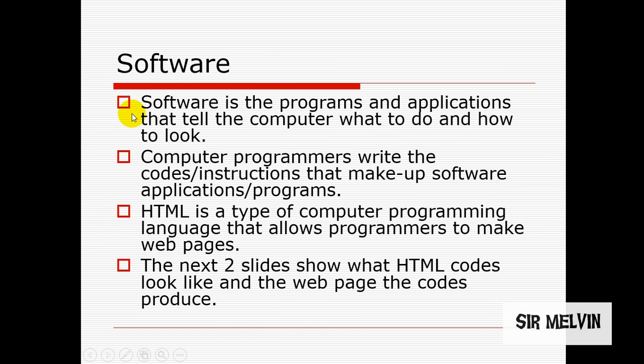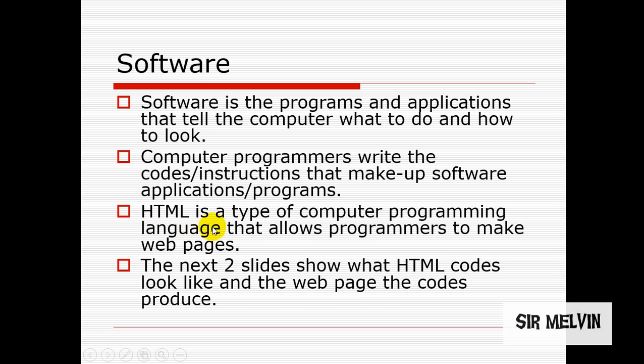Now we come to the software components of a computer. What is software? Software is the programs and applications that tell the computer what to do and how to look. Computer programmers write the codes, the instructions that make up software application programs.